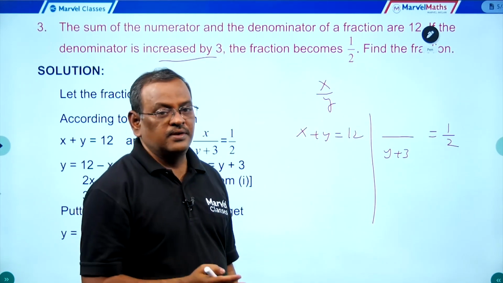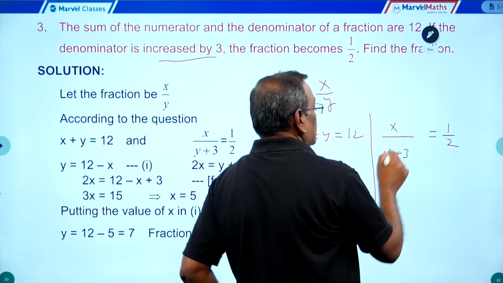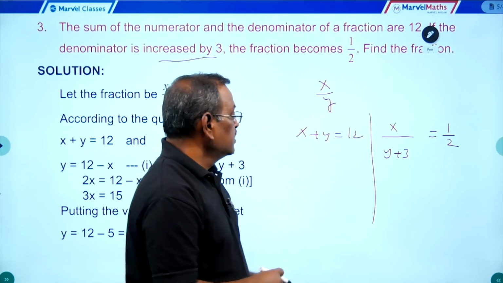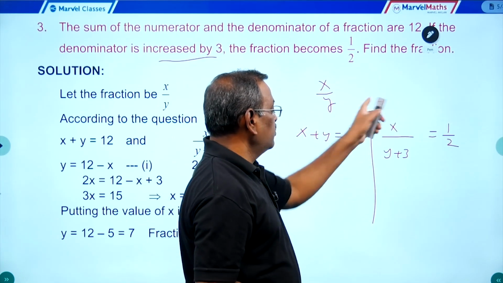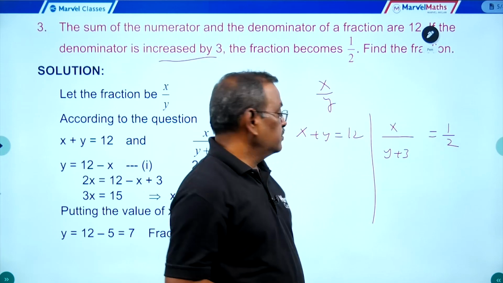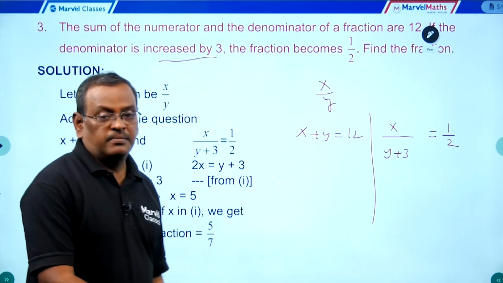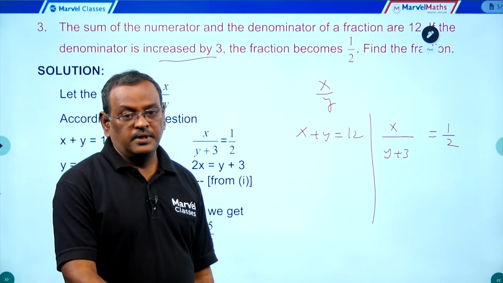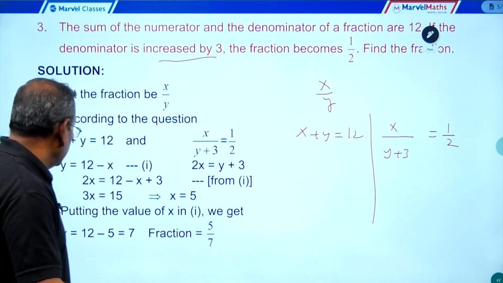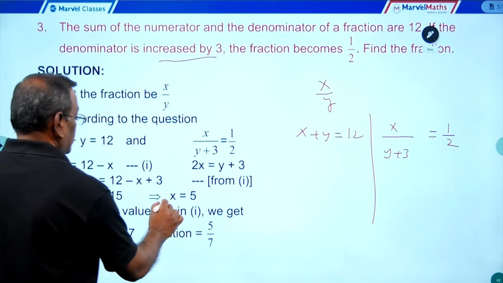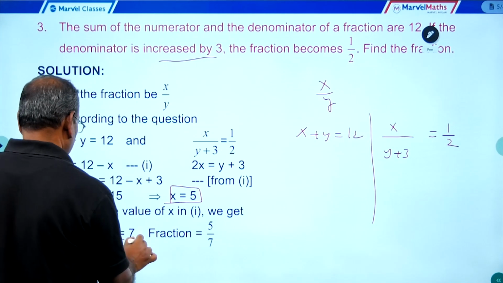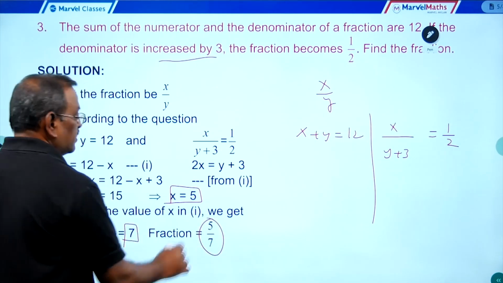Nothing is given, and hence numerator is as it is. There is no change in the numerator. The whole fraction reduces to 1 by 2. Now solve this by any one method, either substitution or elimination method. After finding the value, x equal to 5 and y equal to 7. Therefore, the fraction is 5 by 7.